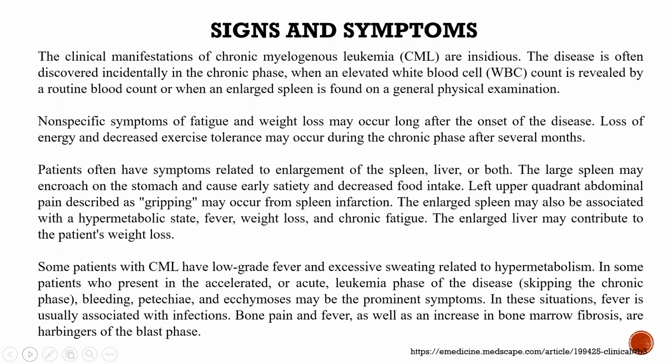Loss of energy and decreased exercise tolerance may occur during the chronic phase after several months. Patients often have symptoms related to enlargement of the spleen, liver, or both. The large spleen may encroach on the stomach and cause early satiety and decreased food intake. Left upper quadrant abdominal pain described as gripping may occur from splenic infarction.